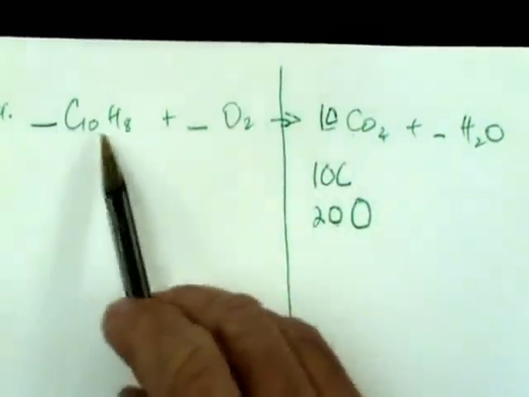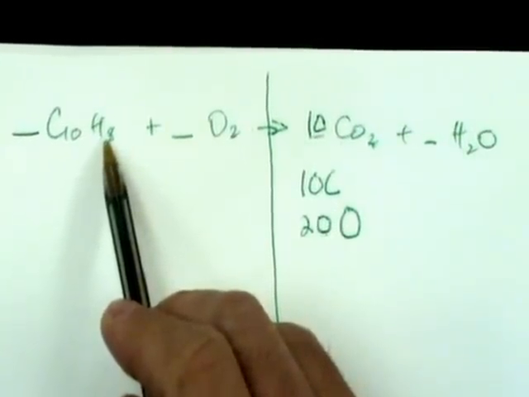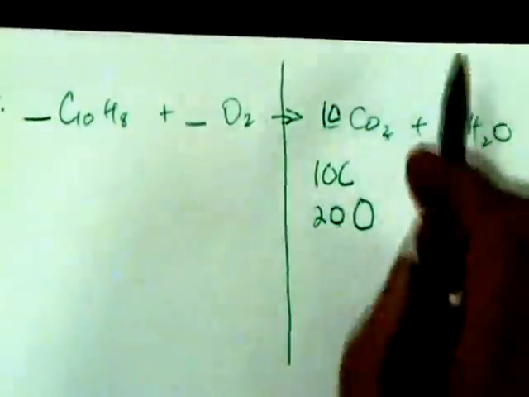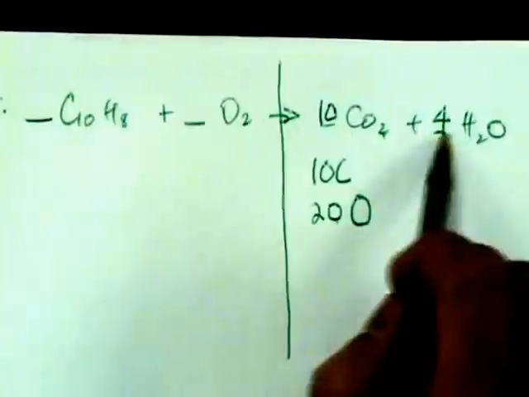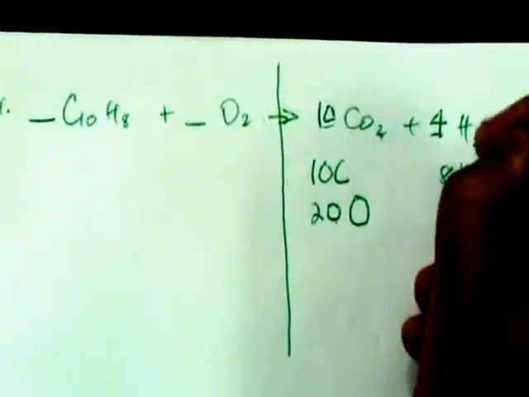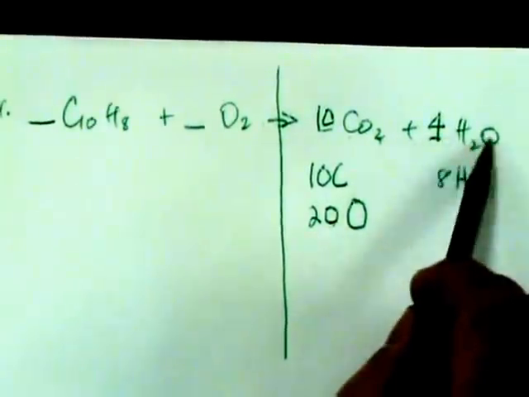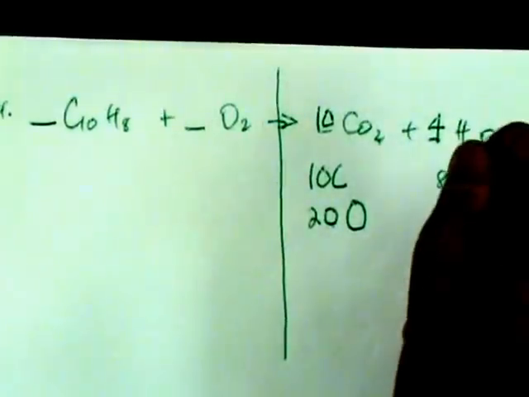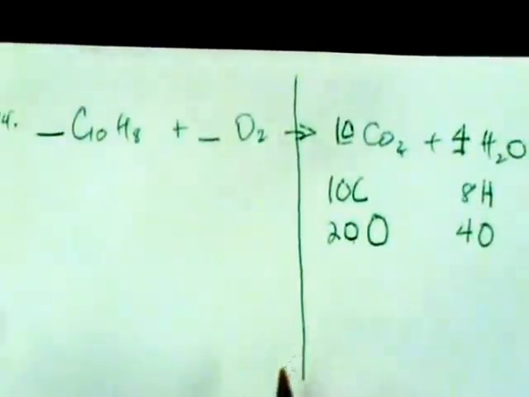So here we have 8 hydrogens. We have 2 hydrogens. So we put a 4 here in order to balance this hydrogen. So that gives us 8 hydrogens. And now it's also going to affect the number of oxygens that we have. So that gives us 4 times 1. That gives us 4 oxygens.